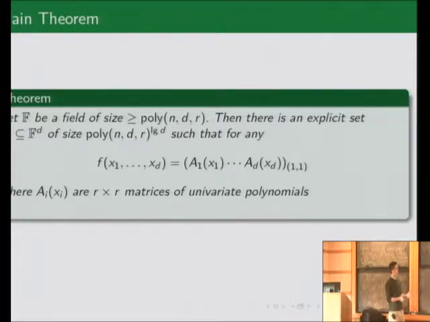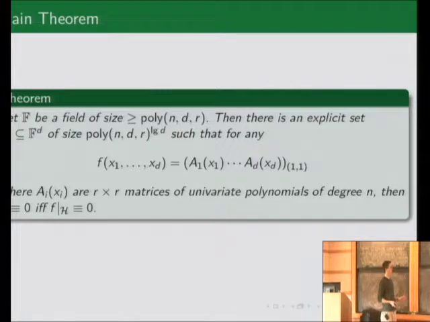So each entry will be a univariate polynomial in the relevant variables. Ai will depend on xi, and you take this product of matrices, and then you take the 1,1 entry. Suppose f is computed by such a polynomial, say of degree n. Then f will be the identically zero polynomial if and only if it is identically zero on all of these points. So this is where we want to go.